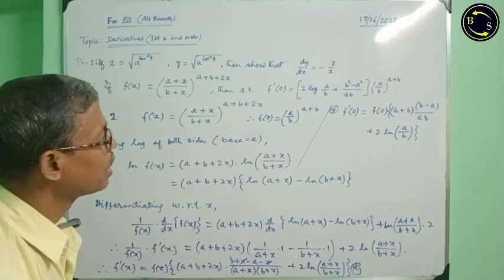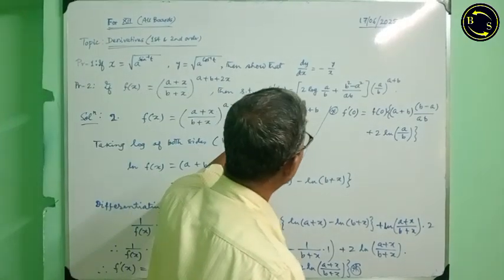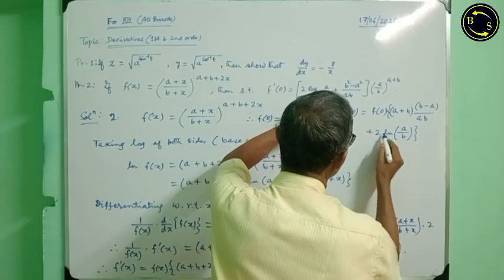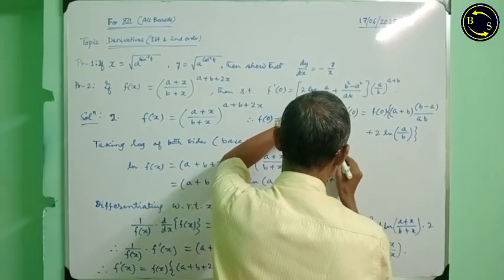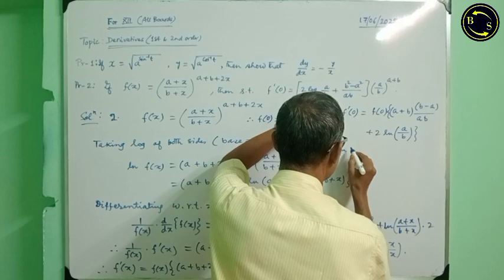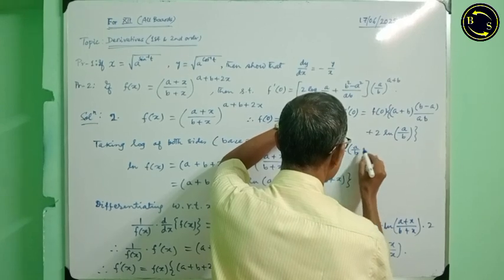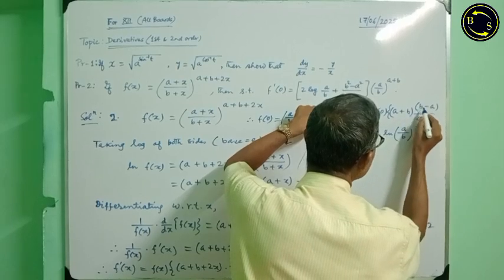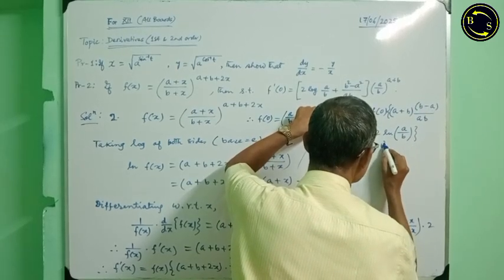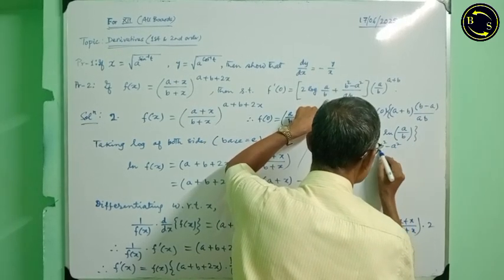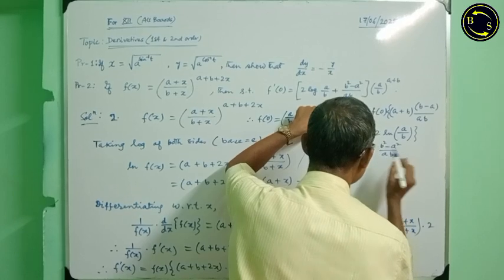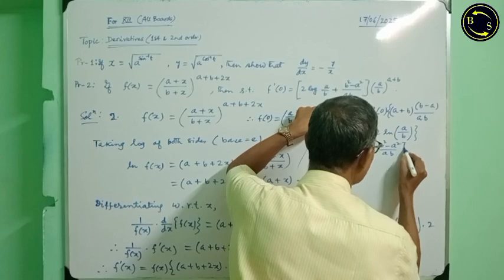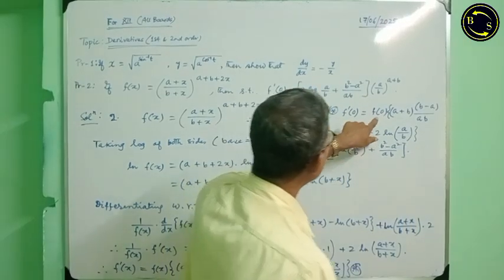See this. Now we compare with this result, final result. Two log a by b plus (a plus b) into (b minus a), that means (b square minus a square) by ab, into f(0).